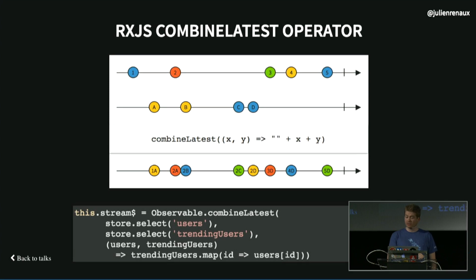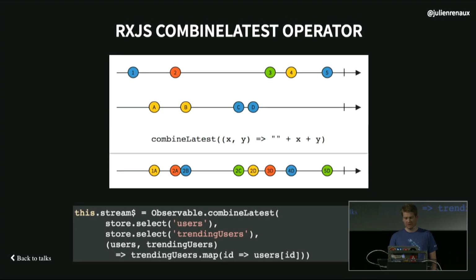The first two arguments are our state observables, right, that we get from the store. Then the last argument is a function that receives the state values and returns whatever you want to return. And in that case, we want a list of trending user objects, right? So we map and we return the user instead of the ID.